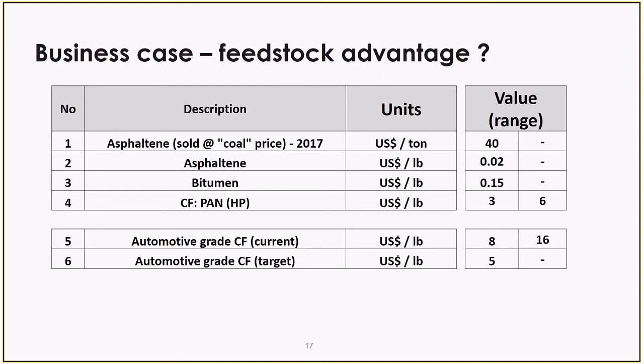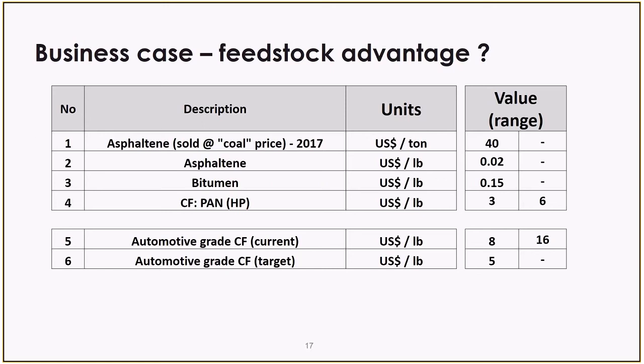If we convert that into pounds, which is the unit we use for current carbon fiber feedstocks, that's 2 cents a pound. So asphaltene, if we removed it, would have a value of about 2 cents per pound. There's a number there for bitumen on line 3, which is associated with a major oil sands production cost of producing a barrel of bitumen. That's just there added for context.